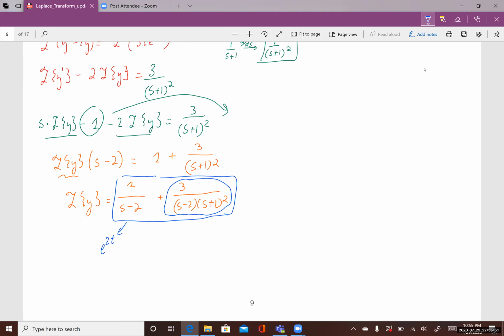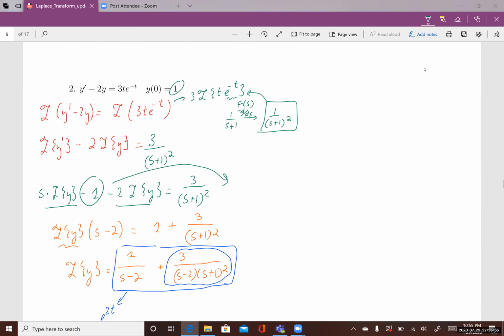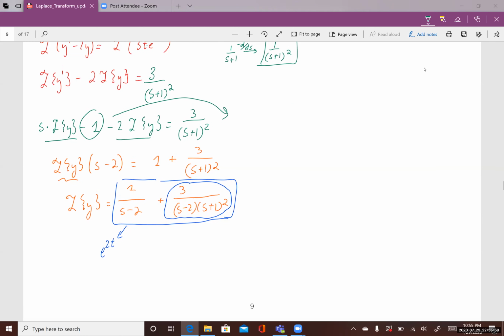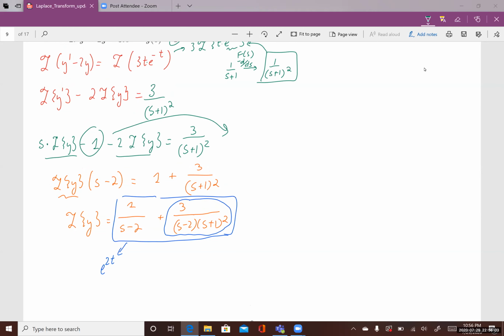Okay. So let's do it on this side. 3 over s minus 2, s plus 1 squared. If you want to do partial fractions, then you have 3 different terms here in the denominator, and you have just a constant in the numerator.